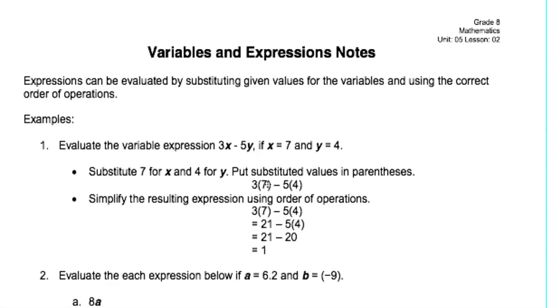And so when we substitute them, we put them in parentheses. Now, we have to multiply first because according to PEMDAS, we multiply before we subtract. So here we'll take 7 times 3 and 5 times 4. Well, 7 times 3 is 21, 5 times 4 is 20, and then we subtract 21 minus 20 is 1.